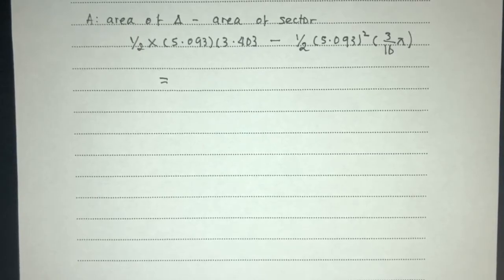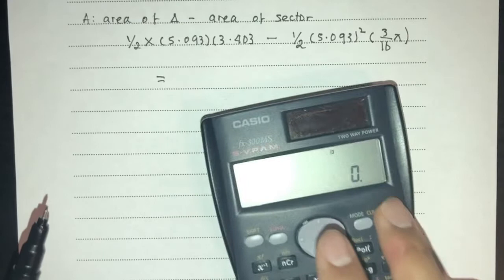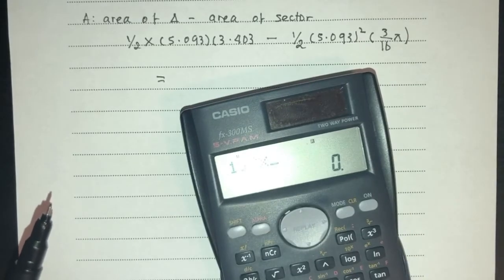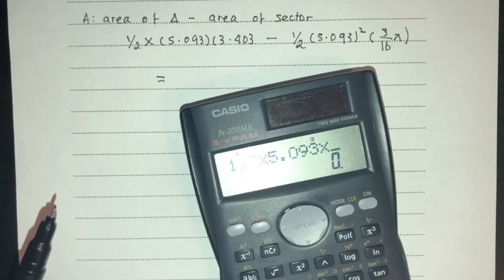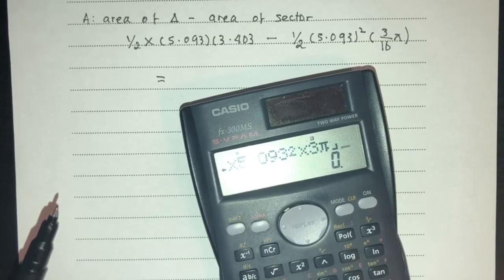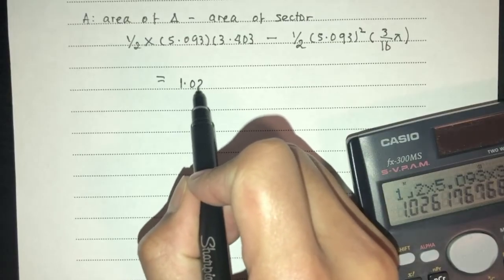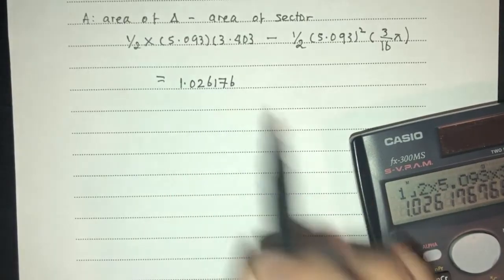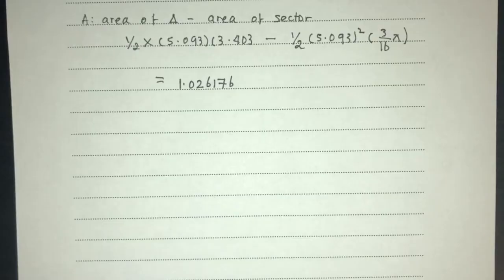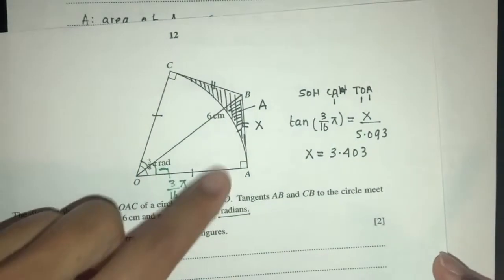So it should be half times 5.093 times 3.403 minus half times 5.093 square times 3 pi over 16. That should be 1.026176. So that is only the area of A, only one piece of the area.